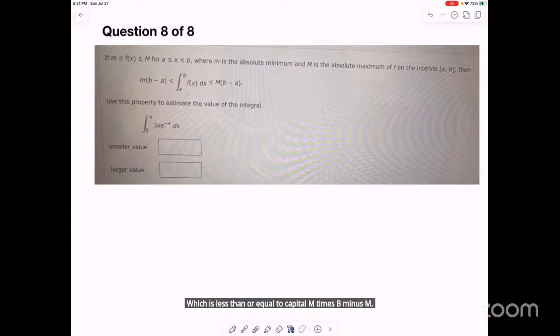Use this property to estimate the value of the integral. So it seems like a squeeze theorem.